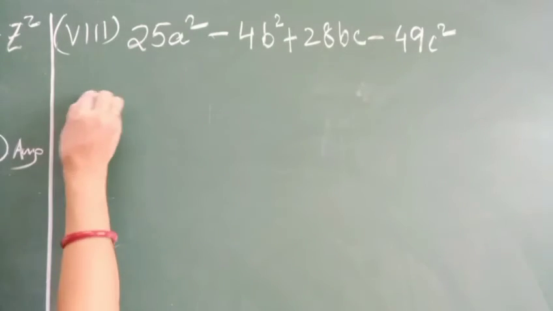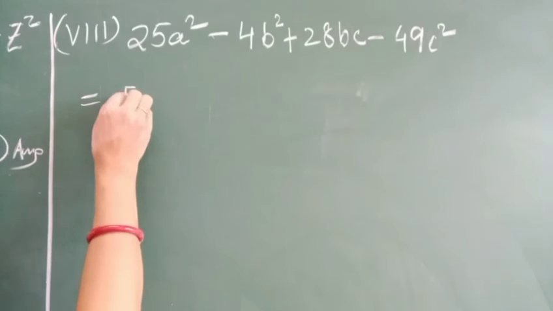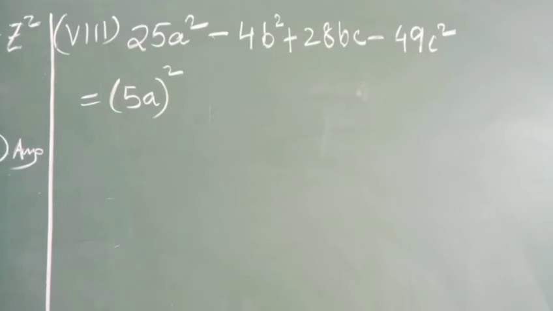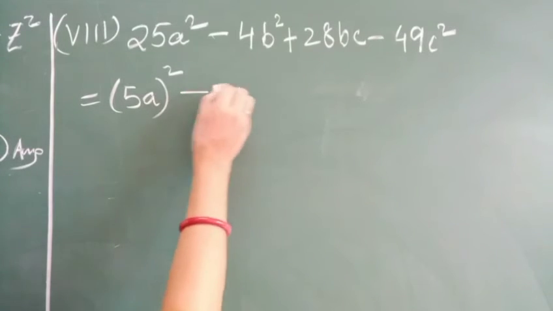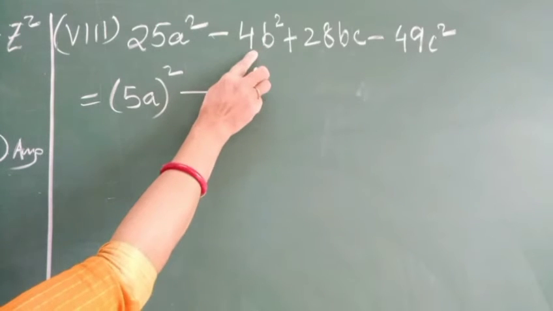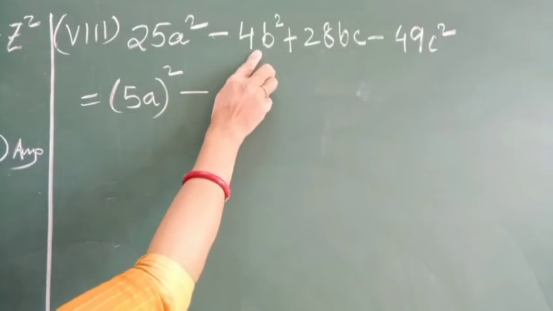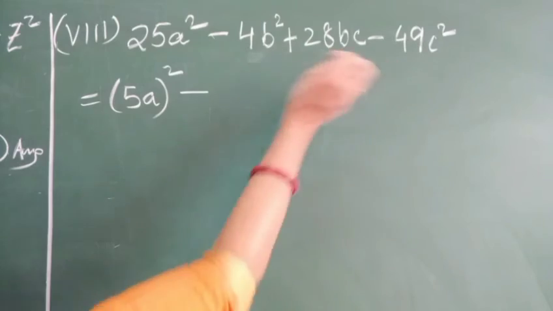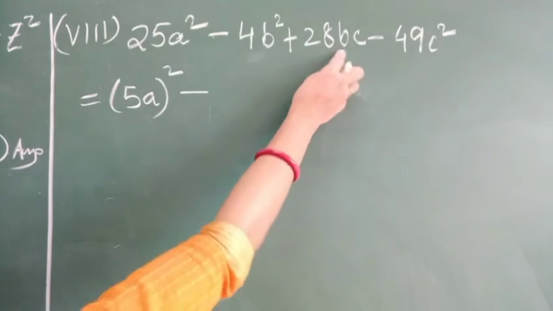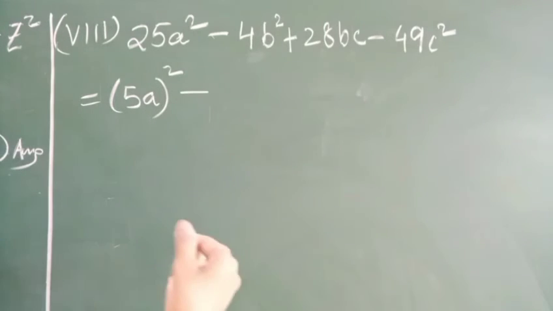Try. 25a square, keep it as 5a whole square. You know that it is possible. And now look at this 28bc. If this is a and this is b, then 28bc maybe we can find in a formula.